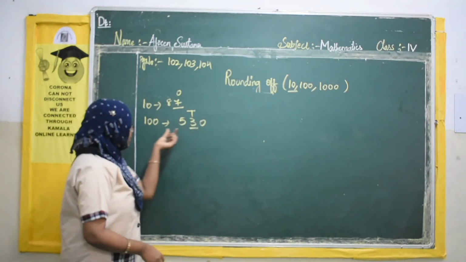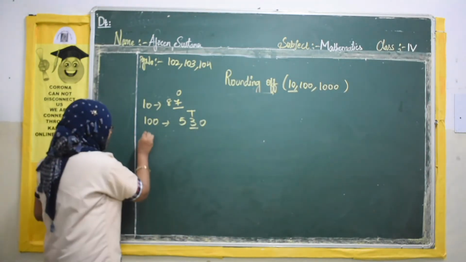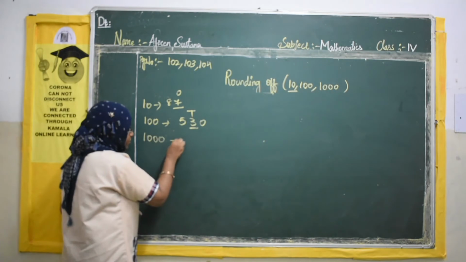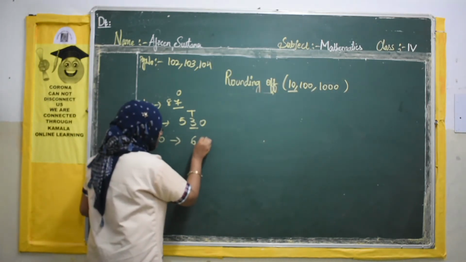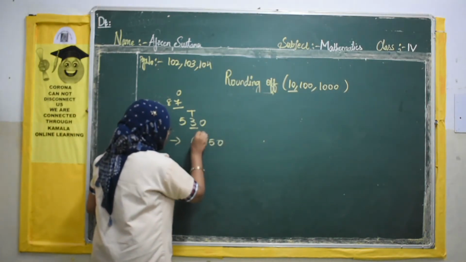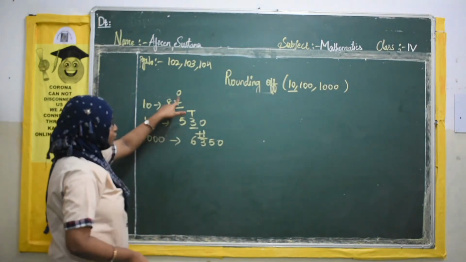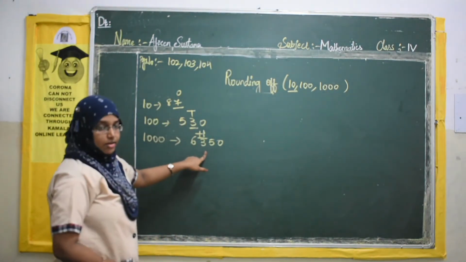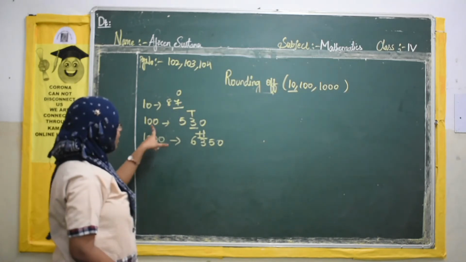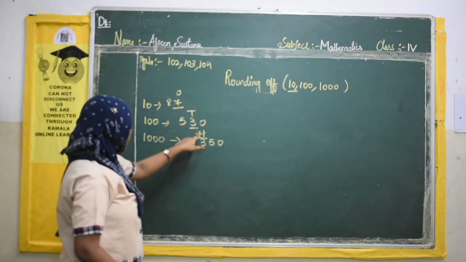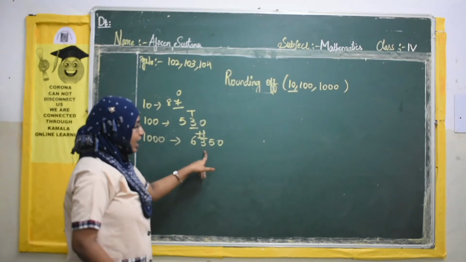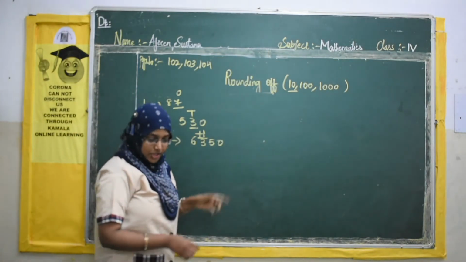Means we are increasing. Same way, rounding off to the nearest 1000 means we will consider the digit at the hundreds place. See, first ones, then tens, then hundreds. Rounding off to 10 means ones place, rounding off to 100 means tens place, rounding off to 1000 means hundreds place. Hope it is very clear.